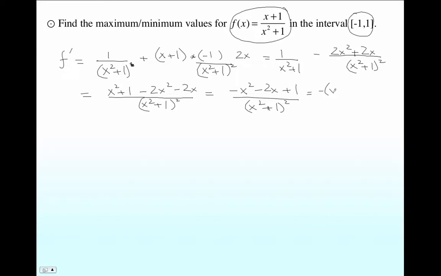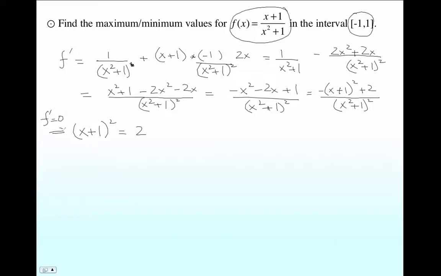And now it would be nice to write this as minus x minus 1 squared, and I've just written it exactly. I've made no change. The question is, when is f prime going to be 0? For it to be 0, I must have x plus 1 squared equal to 2.